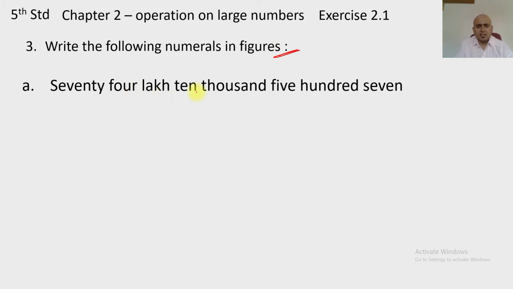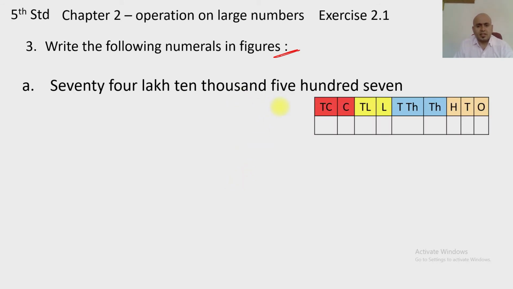74 lakh 10,507. Let us draw a table first. After drawing the table, let us fill the numbers according to the words. This 74 lakh means we have to fill in lakhs place. It is 74 lakhs, so this is in lakhs place. 10,000, so in thousands place, I write 10.